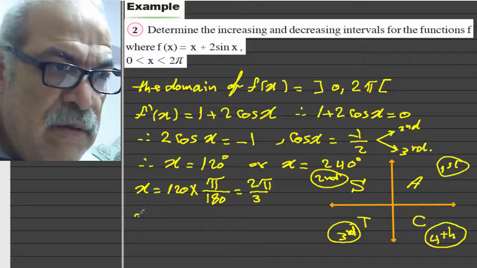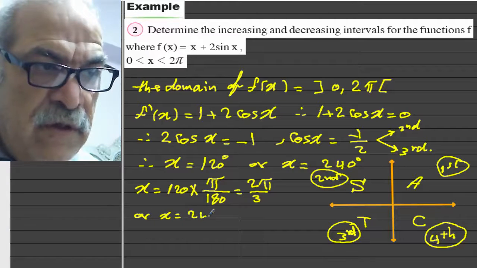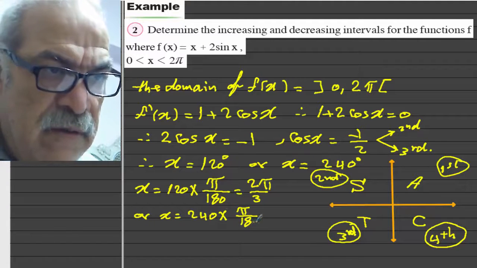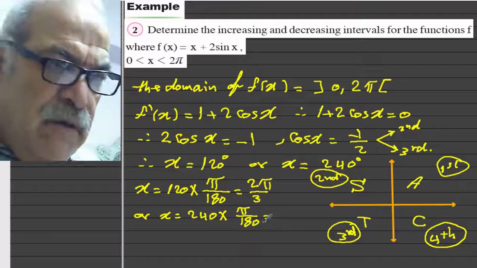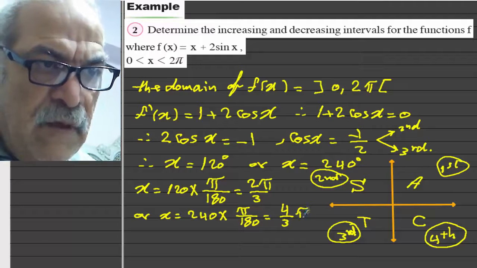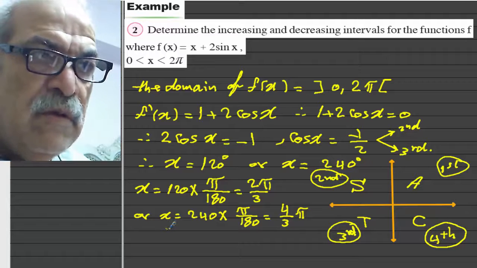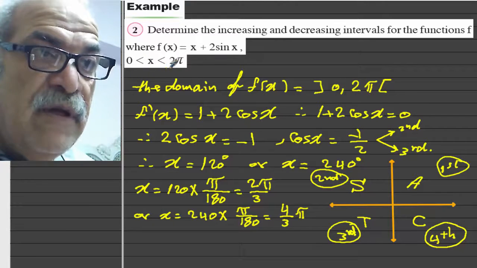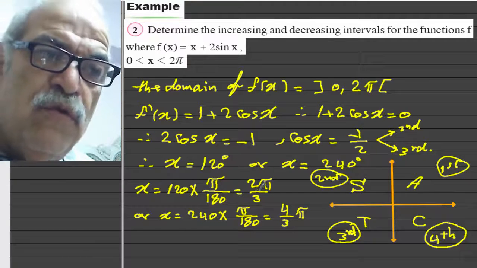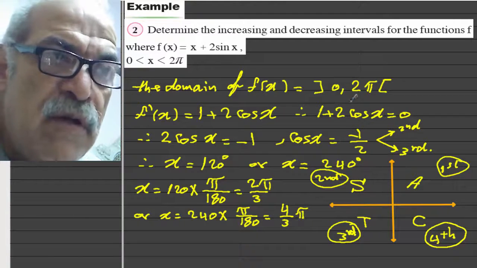Or x equals 240 multiplied by pi over 180, which equals 4 over 3 pi. Okay, and both belong to the domain of f of x. 2 pi over 3 lies in this interval here, and 4 over 3 pi also lies in the domain.